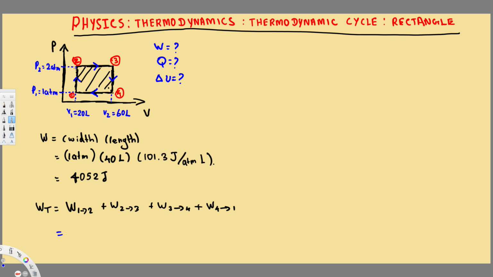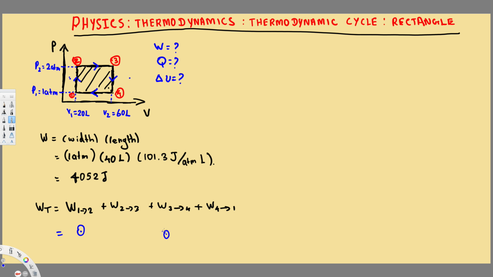So for a vertical line in a PV diagram, you can just say zero. So 1 to 2 is 0, and 3 to 4 is also a vertical line, constant volume. So that's also going to be 0.